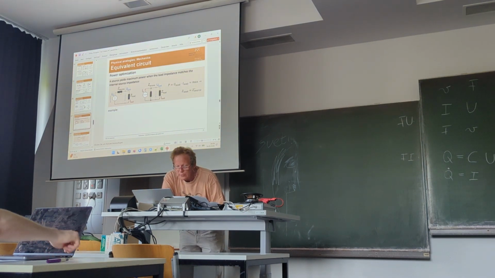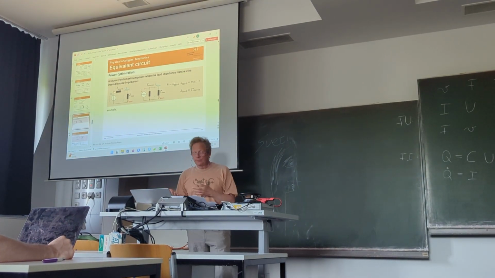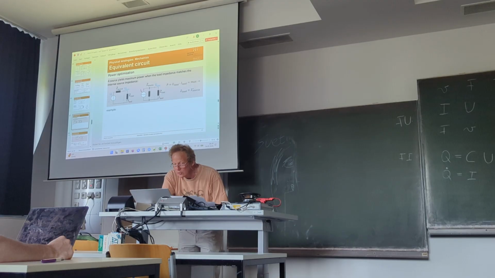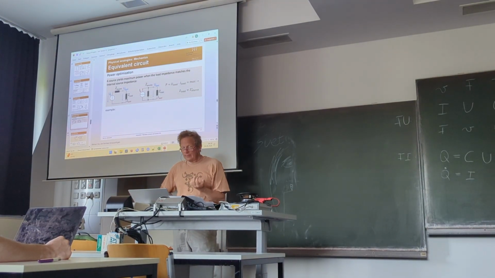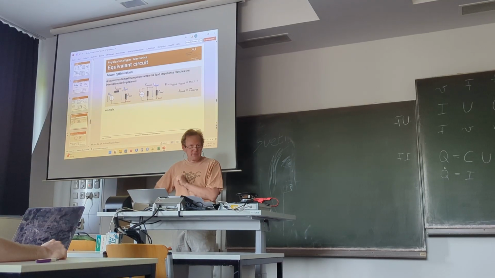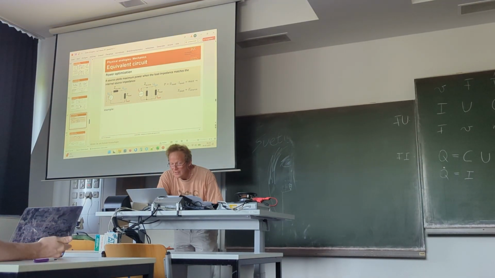So if your source contains something like a capacity and a resistance, then this external load should contain exactly the same resistance, but also an inductivity to compensate the capacity inside the source.